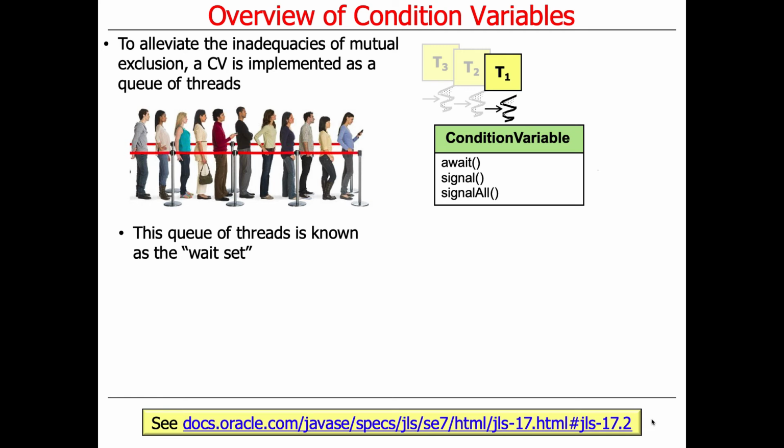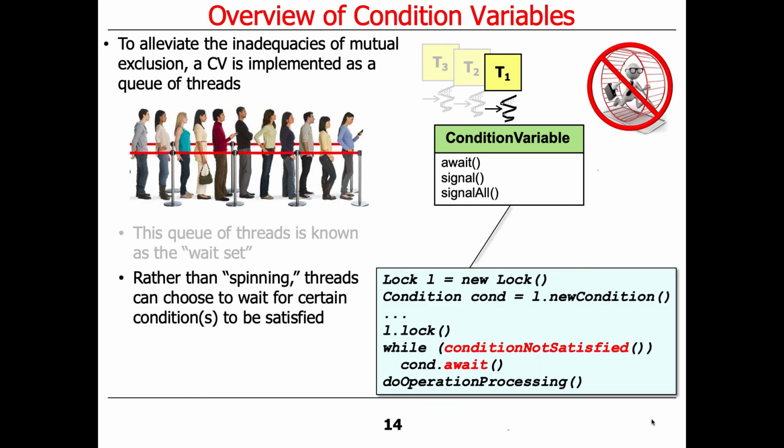You'll see more about wait sets as we talk through the semantics of the methods defined on the condition object. But from a condition variable point of view, the queue of threads is known as the wait set. Rather than sitting there and spinning in some kind of busy wait, threads can use condition variables to wait for certain conditions to be satisfied.